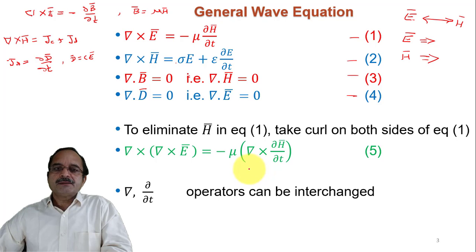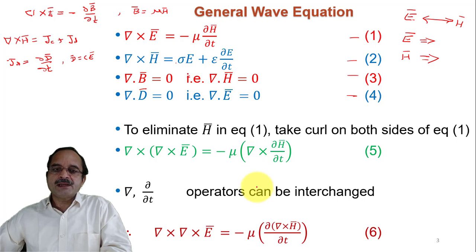Now on the right hand side of equation number 5, the del operator and the derivative operator can be interchanged, so we rewrite this as minus mu d by dt of curl of H.